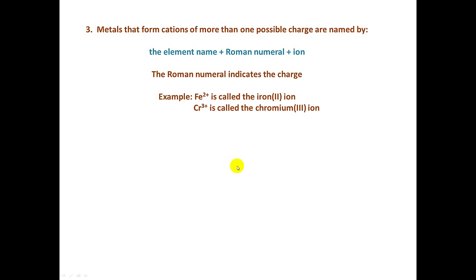Number 3, metals that form cations of more than 1 possible charge are named by the element name, and then we use a Roman numeral to indicate the charge on the cation, and then the word ion. So for example, when iron loses 2 electrons, it becomes the iron 2 ion. When chromium loses 3 electrons, it becomes the chromium 3 ion.